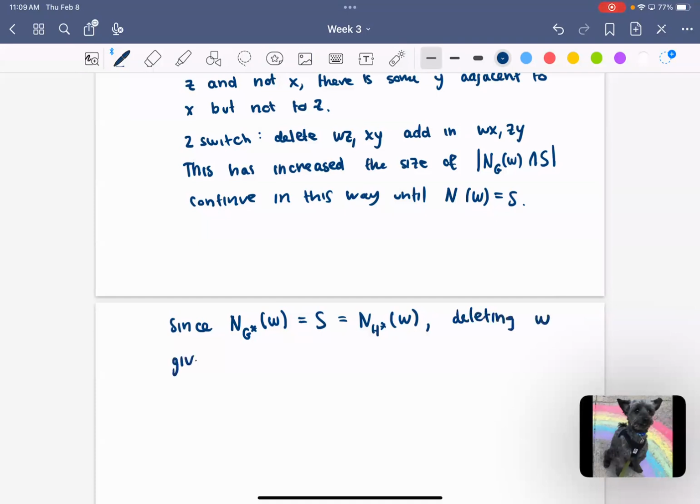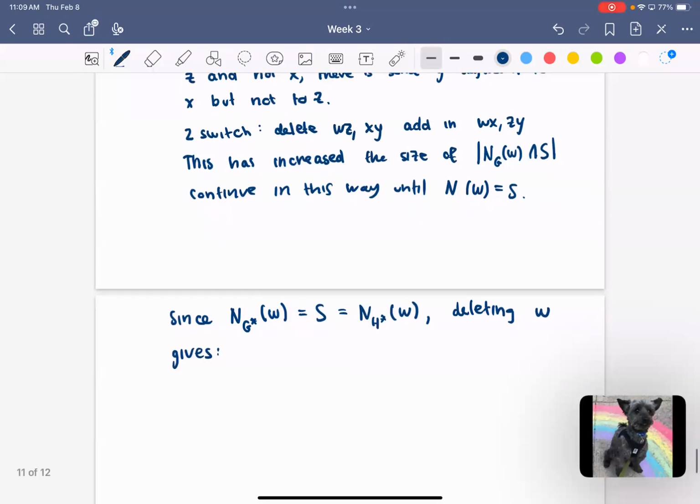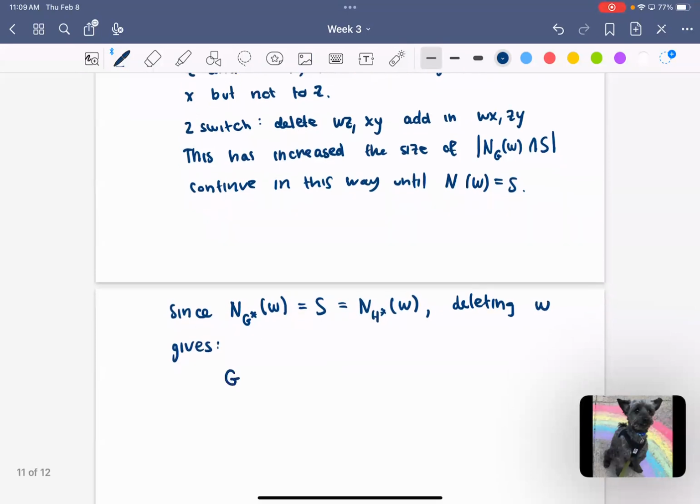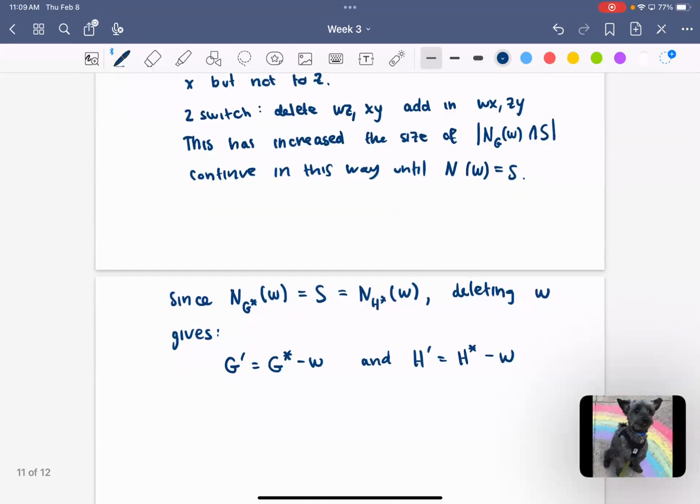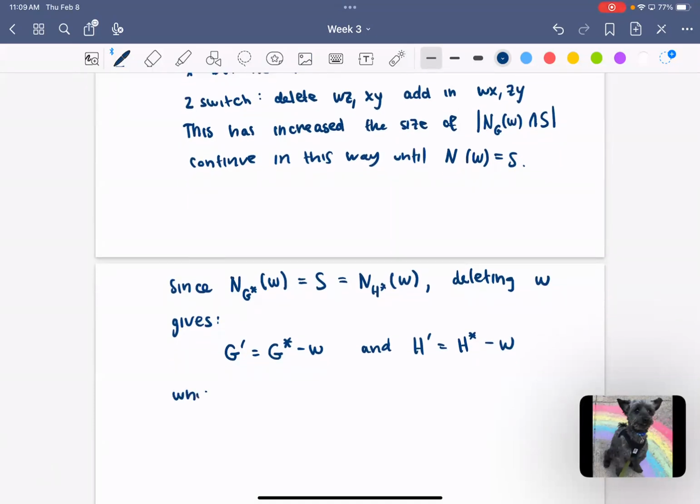So our goal is induction here, so that's why we're trying to find smaller graphs. So we're going to have G prime, which is G star minus W, and H prime, which is H star minus W, which are simple graphs with equal degree sequences.